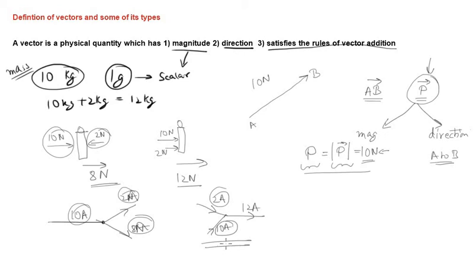It is following the rules of scalar addition. 10 plus 2 are added like scalars to give you 12 ampere. That is why it is not following the rules of vector addition. It is only following the rules of scalar addition. That is why current will come under the category of scalars, even though current has direction, right? It will come under the category of scalars.